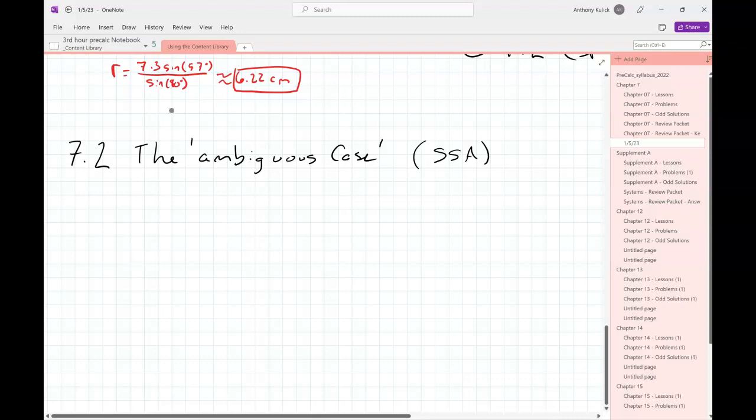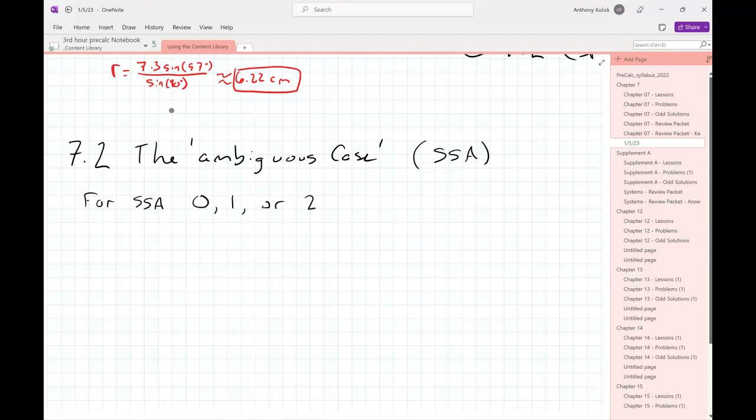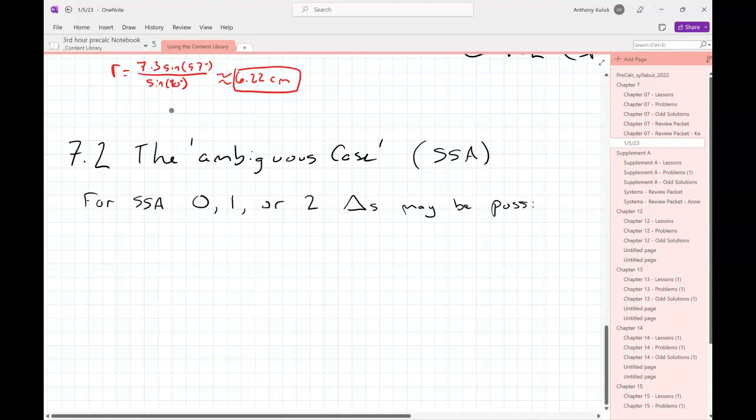We call this situation the ambiguous case because depending on the measurements of the two sides and the angle, you may have a problem that's impossible.